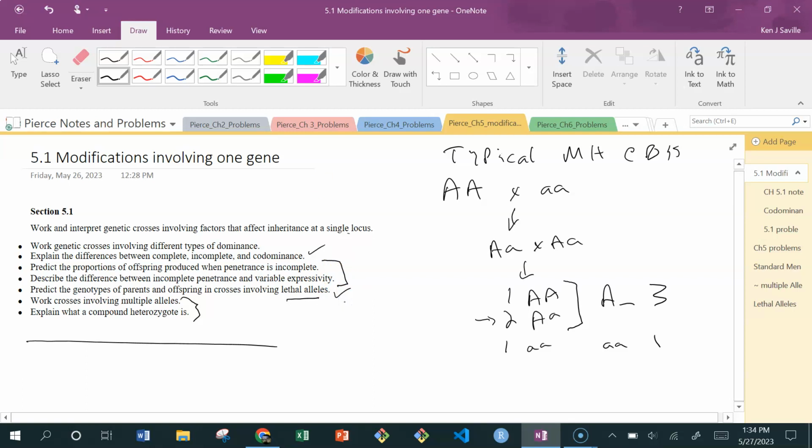We talked about lethal alleles, and we talked a little bit about multiple alleles. We could maybe do another example of that. And then we haven't talked about a compound heterozygote, but that's pretty simple. We'll talk about that in a minute. Now we're going to do penetrance, variable expressivity, and what a compound heterozygote is.